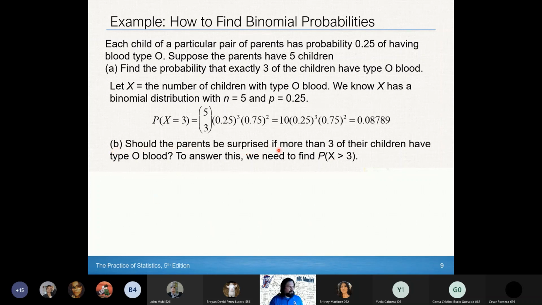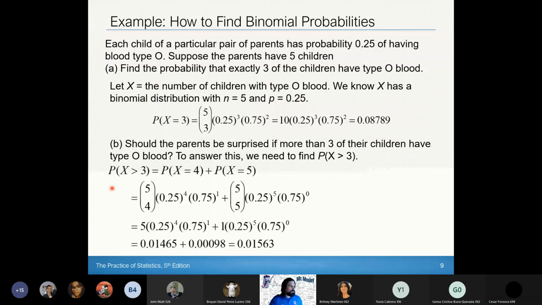B, should the parents be surprised if more than 3 of their children have blood type O? To answer this, we need to find the probability of X being greater than 3. We're using the same set of variables, so we can get right to work. The probability of X being greater than 3 is equal to the probability of X equaling 4 plus X equaling 5.